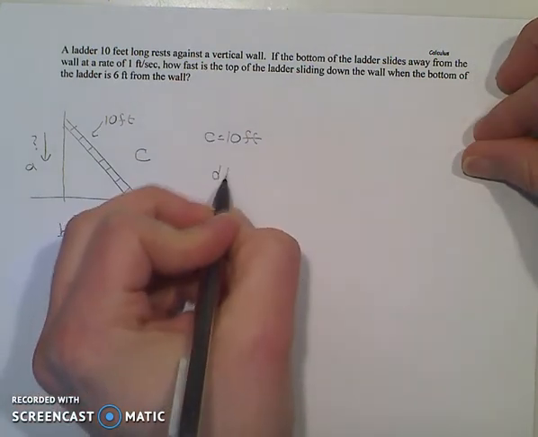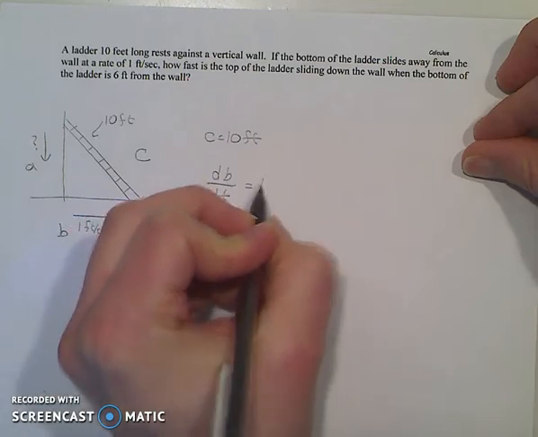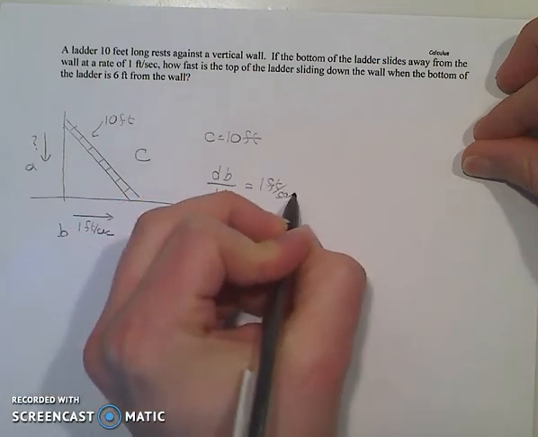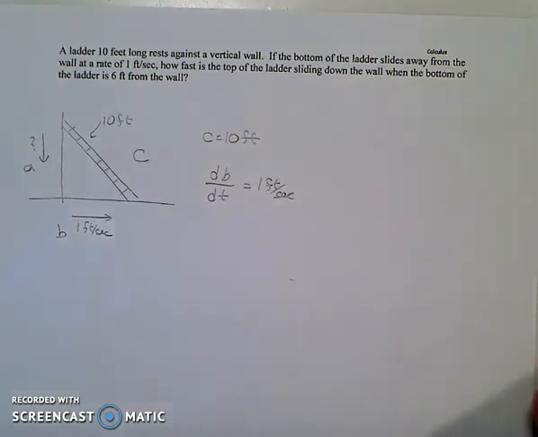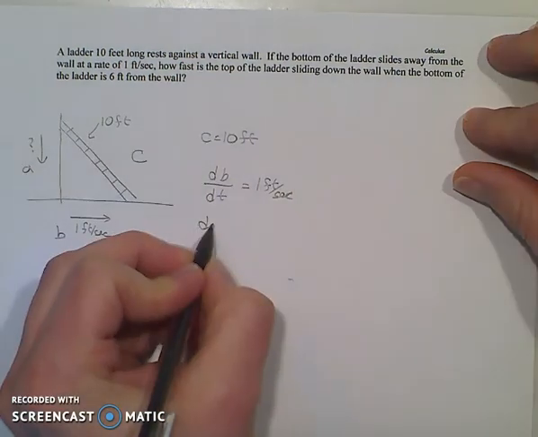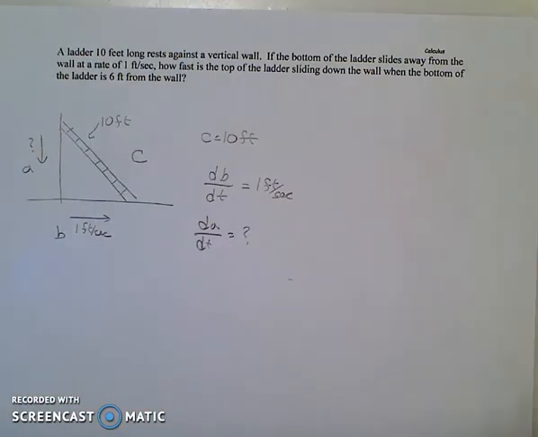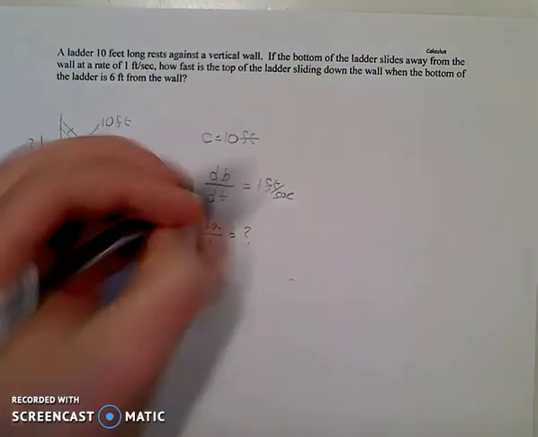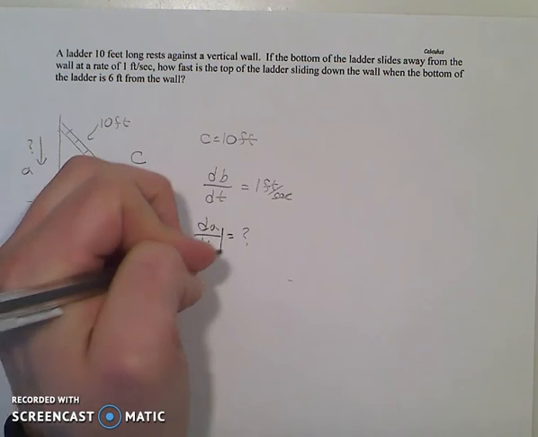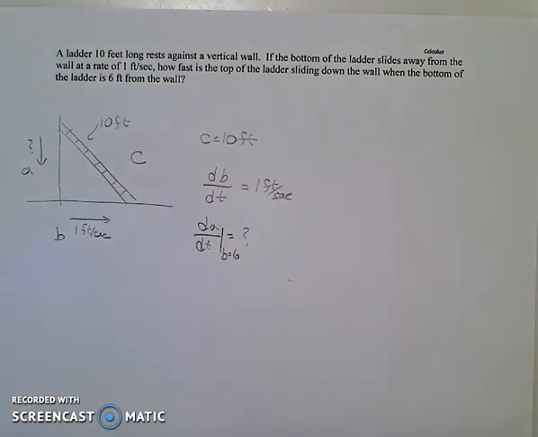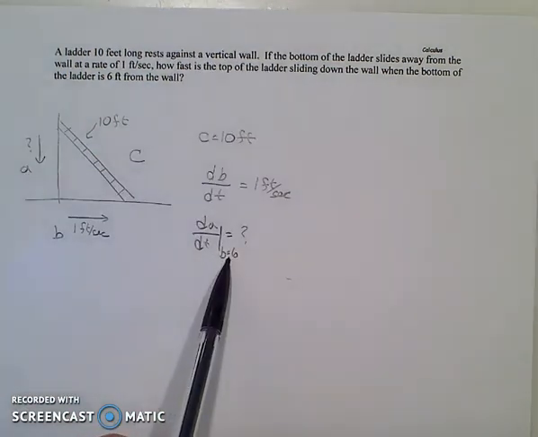So we know dB/dt equals 1 foot per second. Now notice that we're sliding away from the wall, and therefore it is positive. We know dA/dt is what we're trying to find. But we're trying to find dA/dt when the bottom of the ladder is 6 feet from the wall. So when B equals 6.